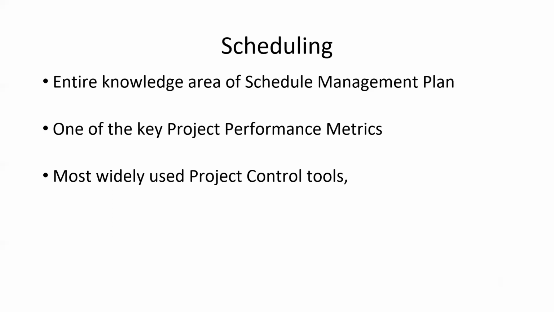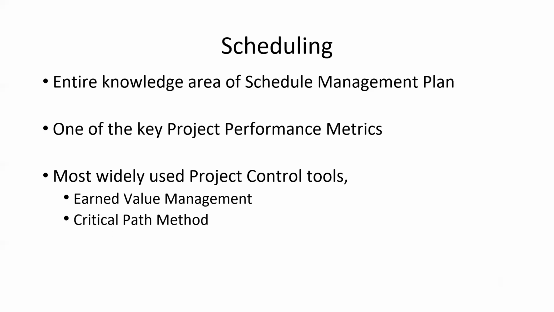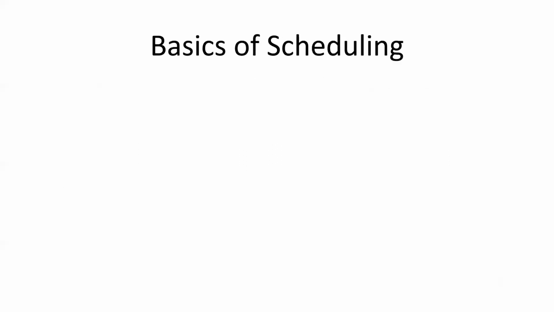Controlling your schedule means using these tools to ensure that the baseline schedule is met and there are not a lot of deviations. The most commonly used tools are earned value management, critical path method, and schedule compression. Those are the three most commonly used project control tools.